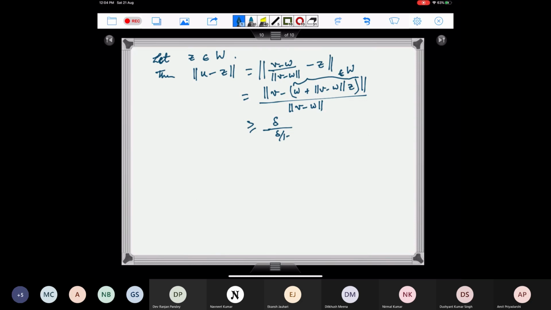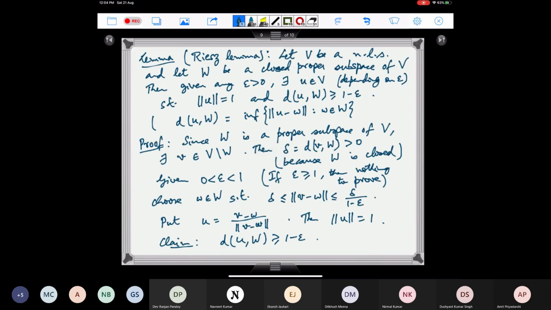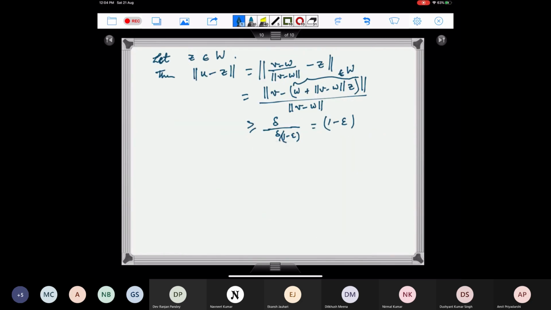So we have shown that the norm of u minus z is bigger than or equal to 1 minus epsilon. Therefore, d of u to W, this is the infimum of norm u minus z, z belongs to W, is also bigger than or equal to 1 minus epsilon. So hence we are done.